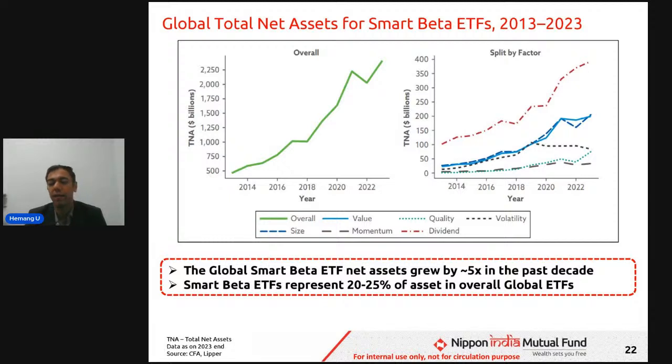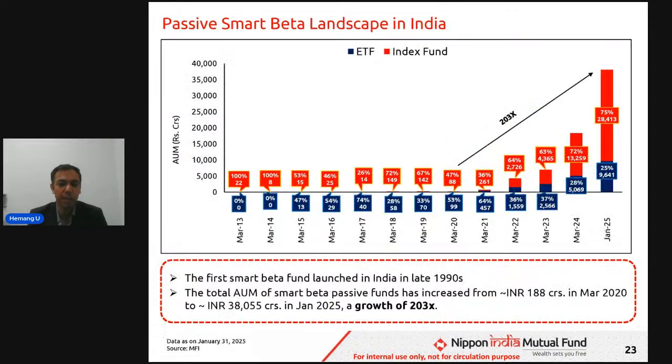Developed markets have more depth and are more matured that way. We all know that beating an index fund or a passively managed fund, beating a benchmark, is very difficult. So in a way, it might be difficult to have greater momentum there. In fact, for dividend, there are lower interest rates outside. So multiple factors contribute to this. If we see India, things may be different. We'll come to that.